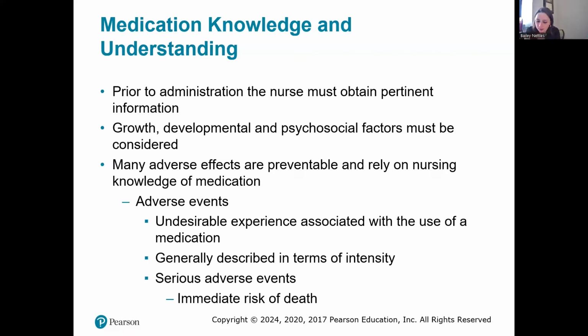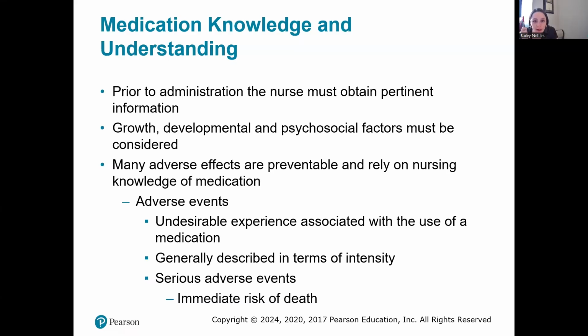All right. So adverse events. We have adverse events and adverse effects. When we talk about adverse events, these are not what we want to happen. These are death, anaphylaxis, okay? We don't like that, the event of an adverse reaction. Sometimes your adverse effects, which we're going to talk about on the next slide, can become adverse events, but these are usually preventable, okay?